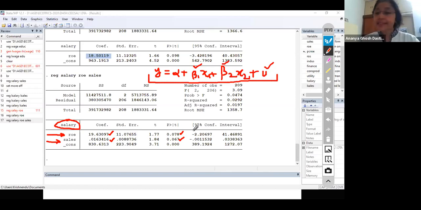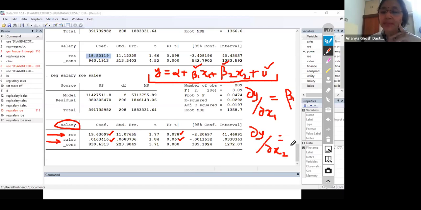Now, let us see how we interpret this. Something very important changes when you are interpreting your results in a multiple regression model compared to a simple model. What changes is that now these become partial derivatives. So now your beta 1 is actually equal to del y del x1. Your beta 2 is now equal to del y del x2.